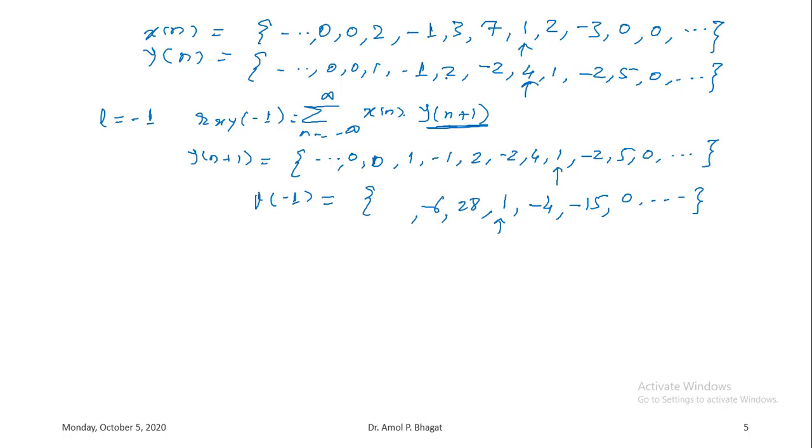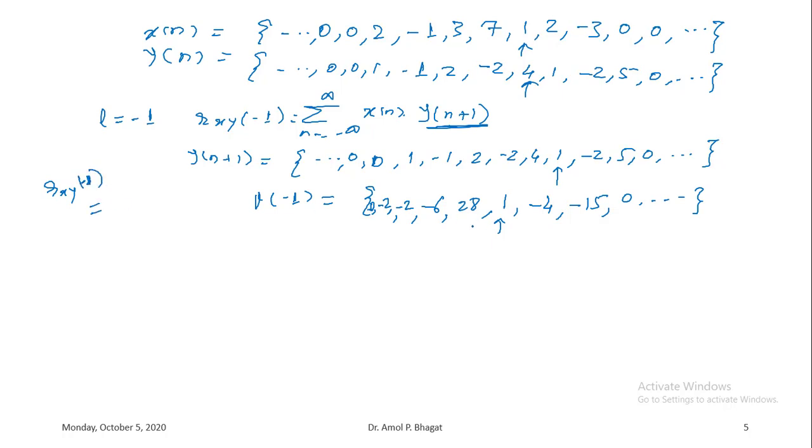Similarly 2 multiplied by minus 1 will be minus 2, and 2 multiplied by minus 1 will be minus 2. Next minus 1 multiplied by 2 will be again minus 2, and the remaining values will be 0, correct? So if I add all these values, I will get rxy of minus 1.